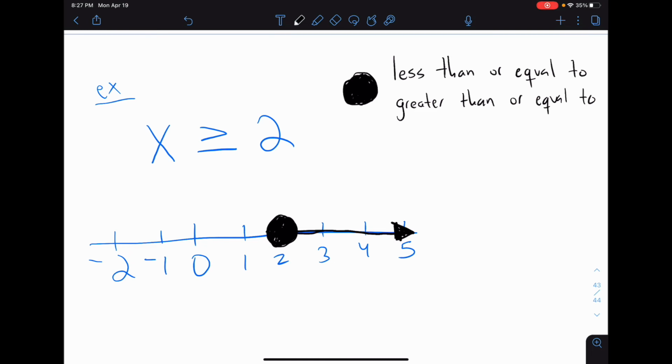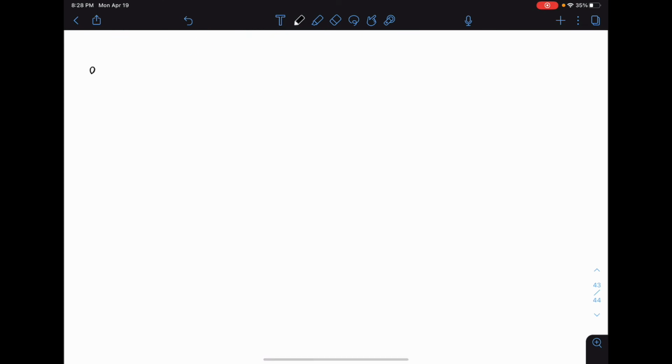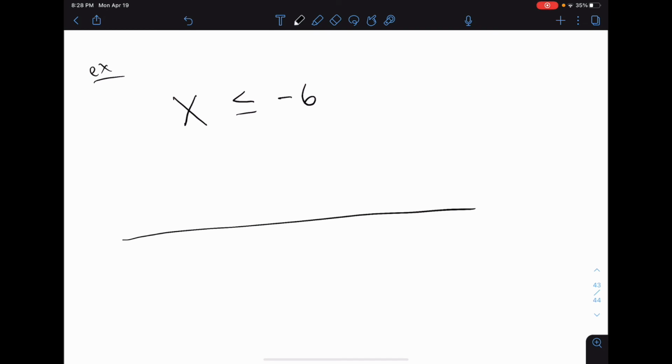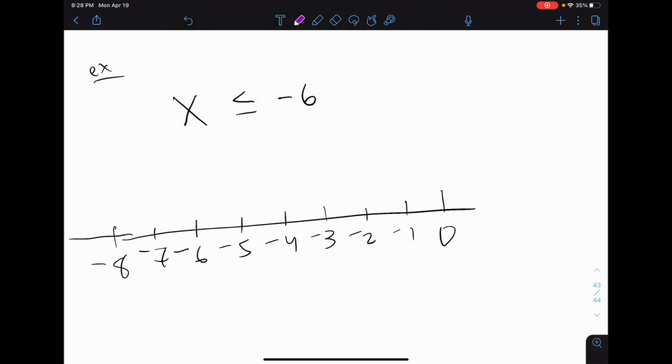Let's do another example. X is less than or equal to -6. I do my number line. Hago mi línea numérica. And where do I start? ¿A dónde empiezo?